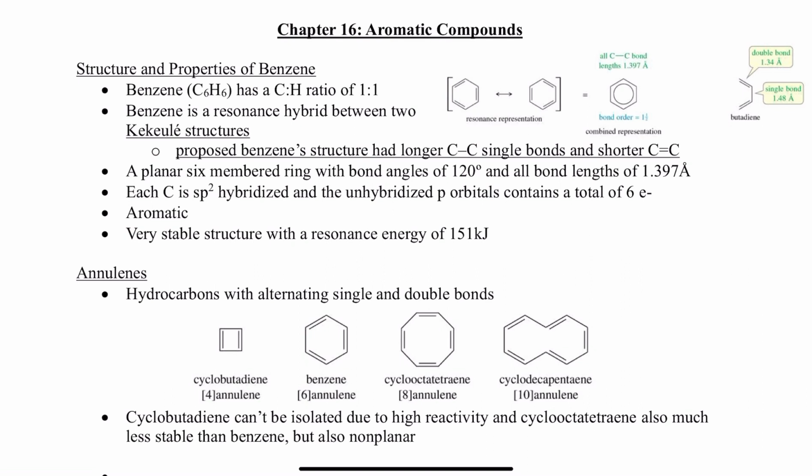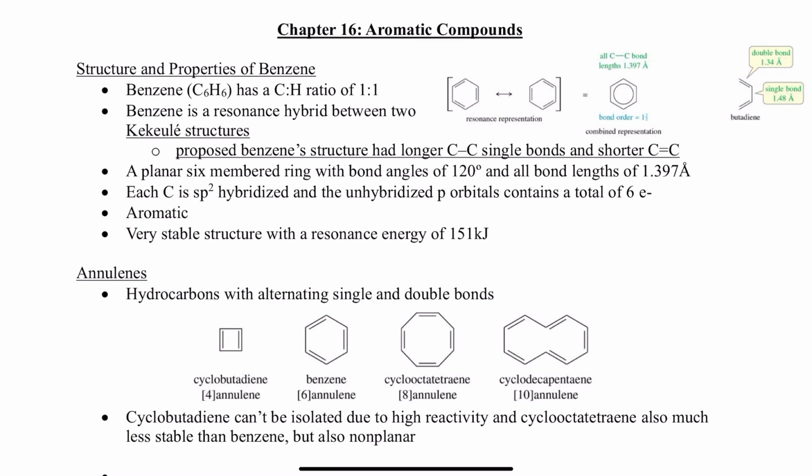And that is a fair hypothesis that is totally plausible because generally, like how we've learned, carbon-carbon single bonds are longer than carbon-carbon double bonds. However, that is actually not true. In benzene, all of the carbon-carbon bonds are the same length.